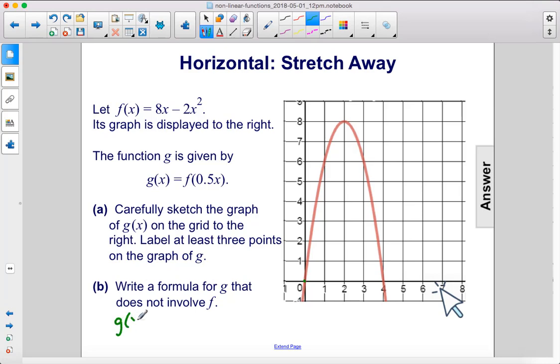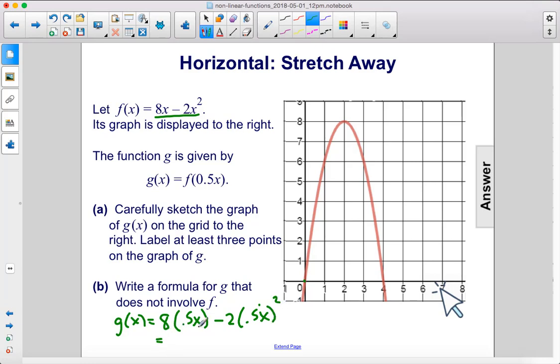So g of x equals, so we have 0.5x. So we're going to use this formula here, but everywhere we see x, we're going to put 0.5x instead. So we have 8 times 0.5x minus 2 times 0.5x squared.